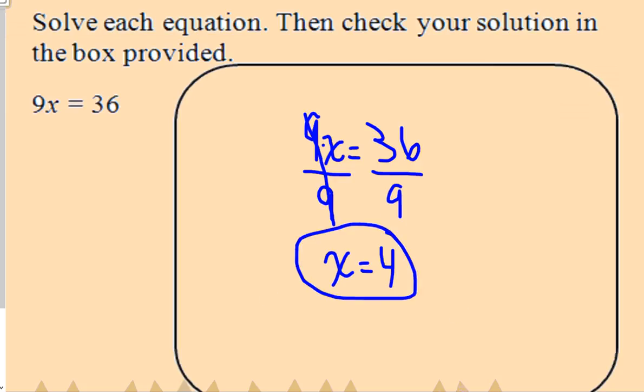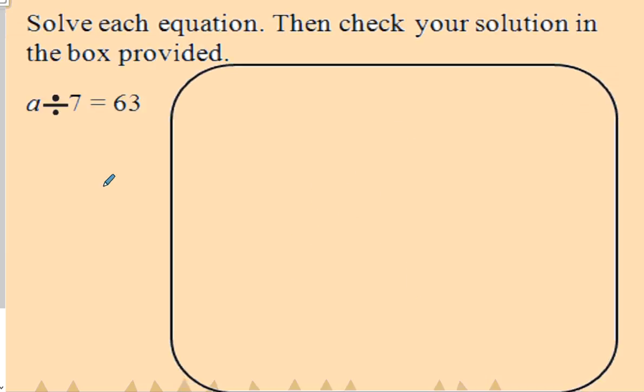Let's practice the multiplication property of equality. In this case, I have a divided by 7 equals 63. I'm going to write it in this box a little differently than how it's showing in the typed up version, just because this is typically how you're going to end up seeing the actual problem written. Just know that this means the same thing.